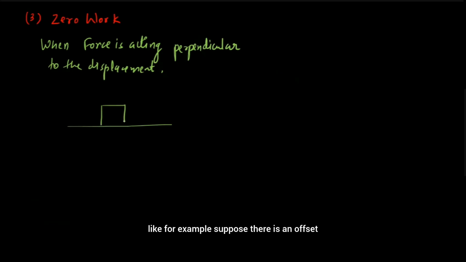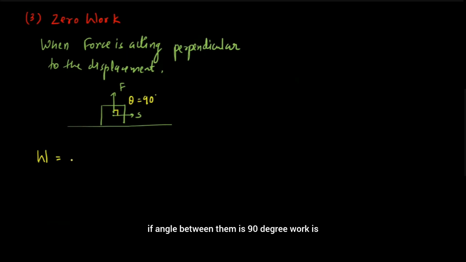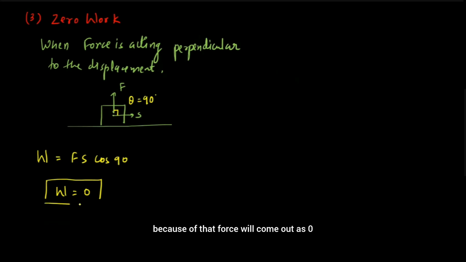For example, suppose an object is displacing in this direction, and force is acting this way, so the angle between them is 90 degrees. Work is going to be Fs cos 90, and we know the value of cos 90 is 0. So the work done by that force comes out as 0.